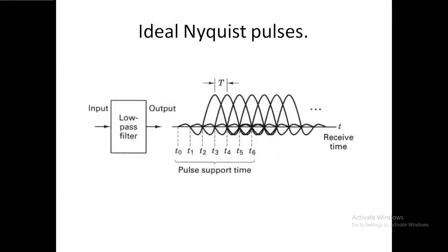Now, actually, what's the Nyquist criteria? If we are transmitting sync pulses, how much bandwidth would be required? In fact, how many symbols can we transmit per hertz? We can transmit RS equal to 2W, twice the bandwidth.